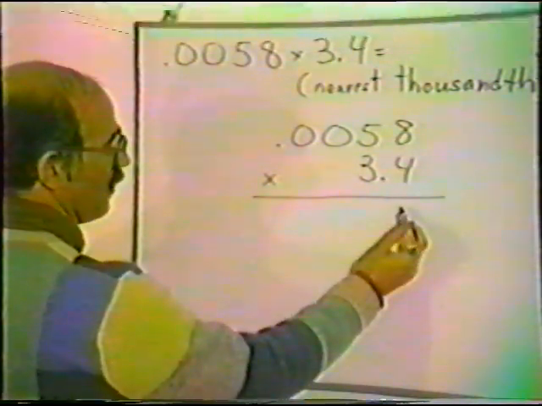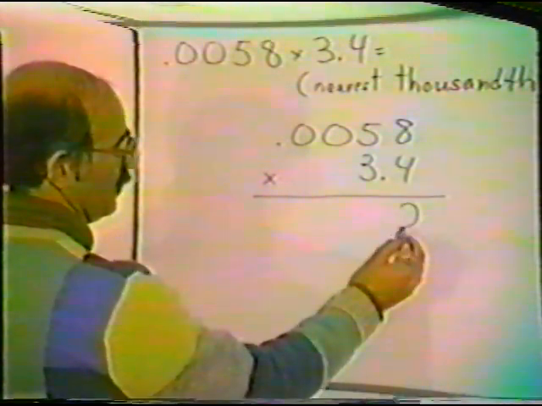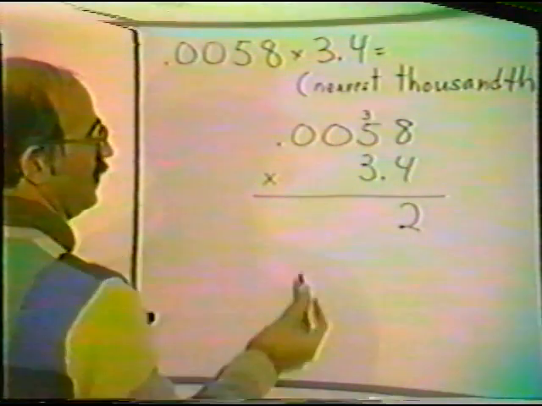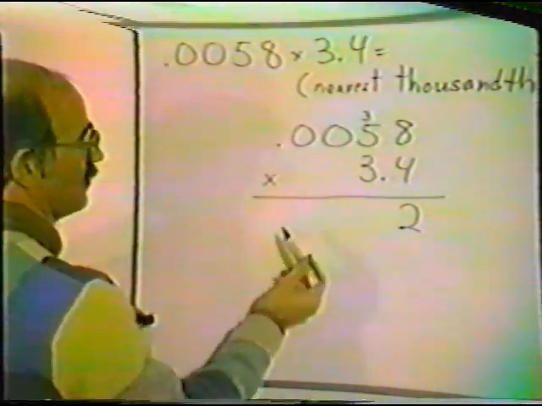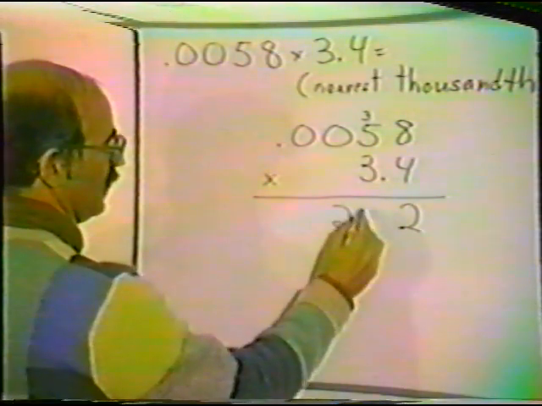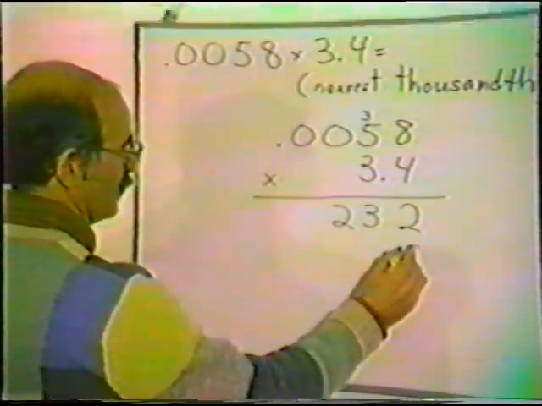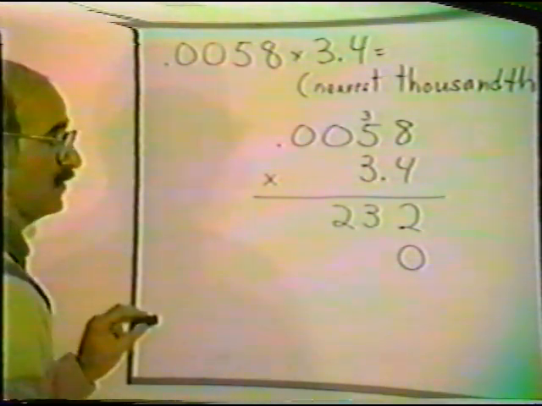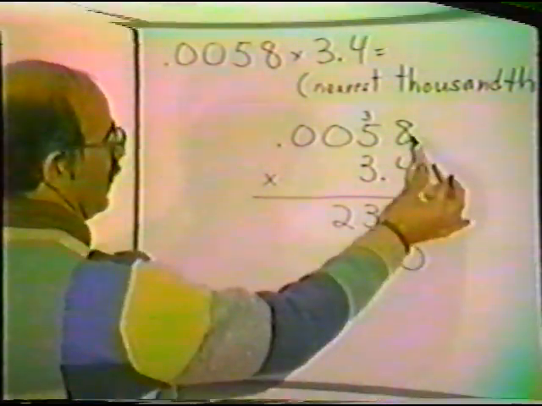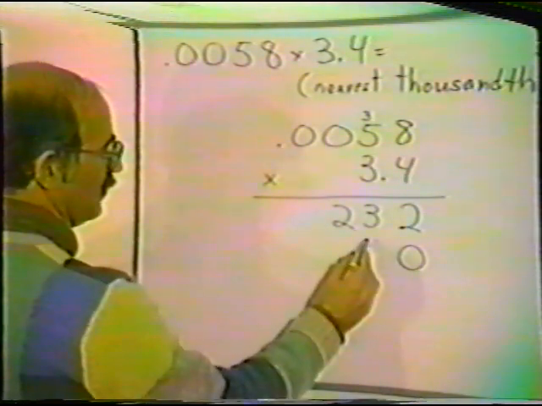8 times 4, 32. Put down the 2, carry the 3. 5 times 4, 20, plus 3, 23. Put a 0 in the second row to remind ourselves how to line up our numbers. 8 times 3, 24.